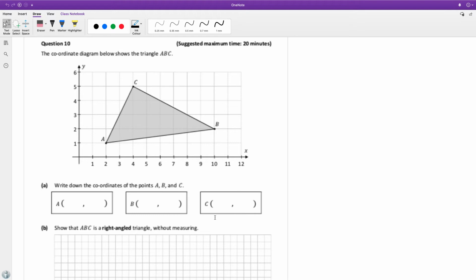That doesn't check. This is A to C. A is 2, 1, C is 4, 5. So which is it? No, it's not 4, 5.